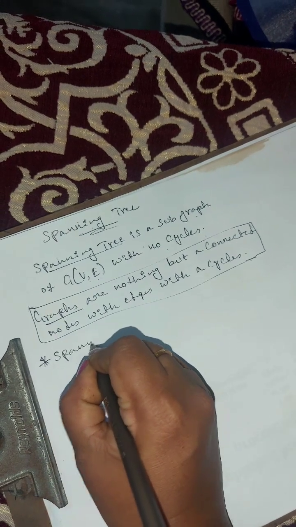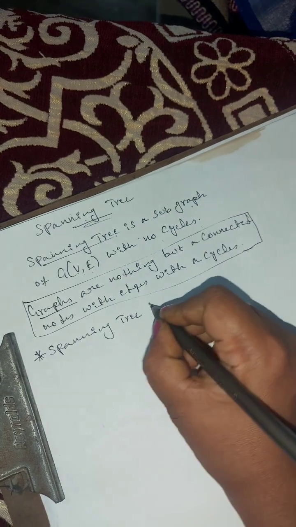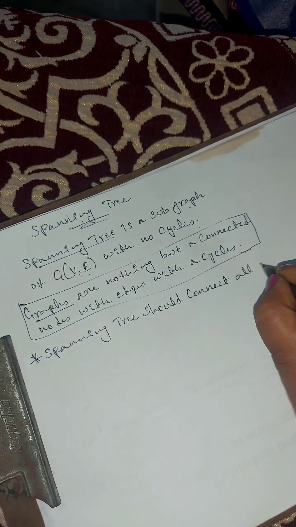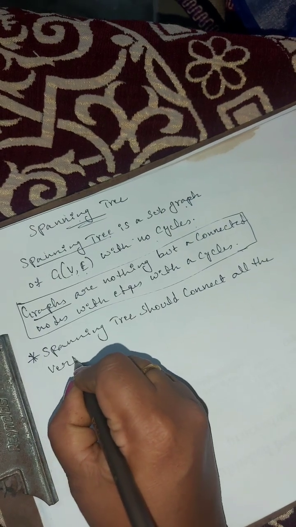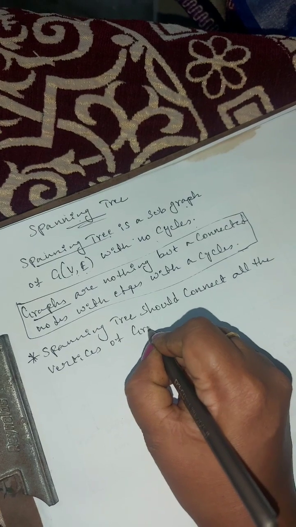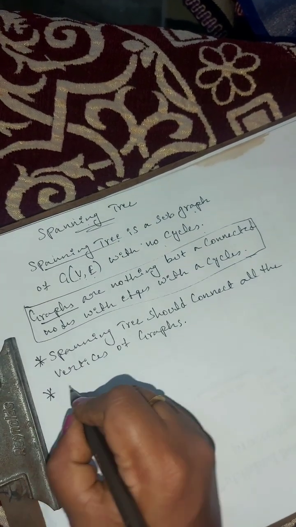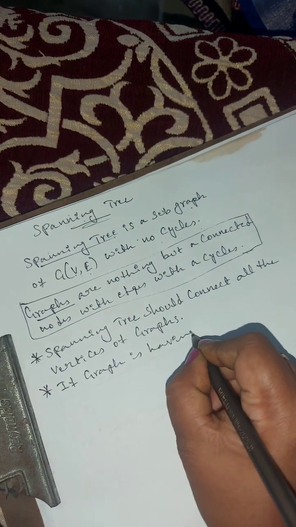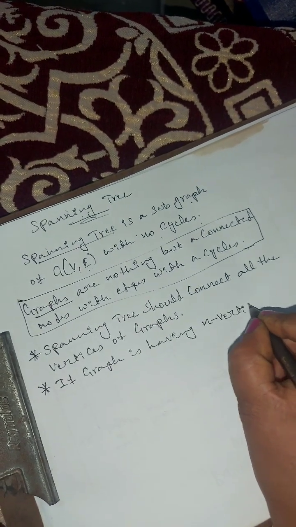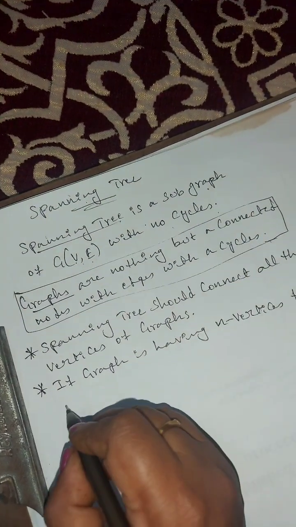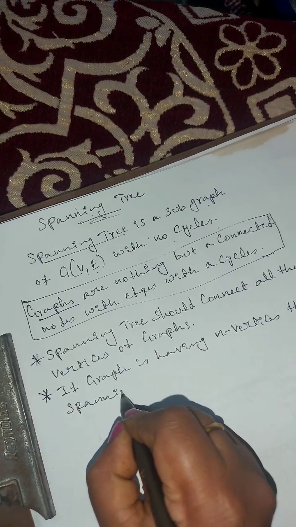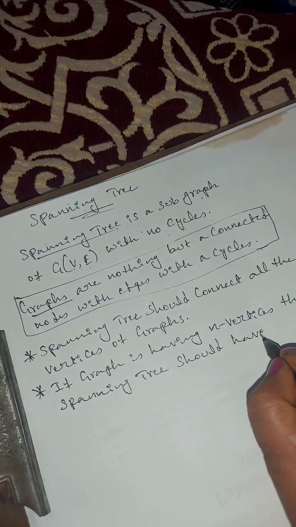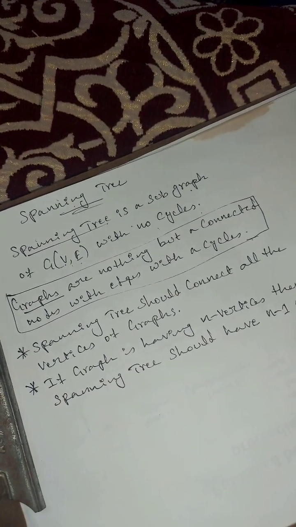A spanning tree should connect all the vertices of the graph. If the graph has n vertices, then the spanning tree should have n minus 1 edges.